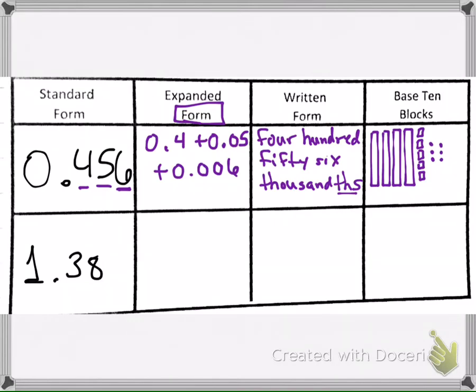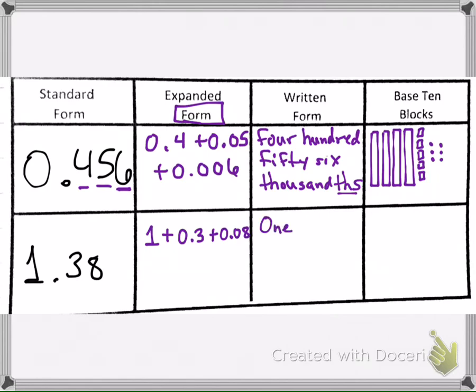Okay, and now we're talking about the next problem, which is 1 whole and 38 hundredths. For the expanded form, that would be really easy. It would just be 1 plus 3 tenths, so 0.3, plus the 8 hundredths, which would be 0.08. And then the written form would be exactly what I just said.